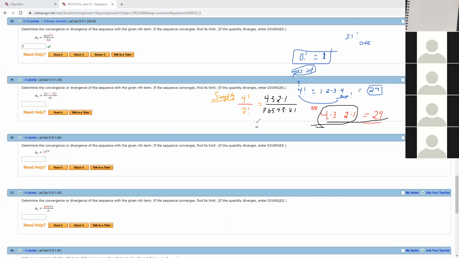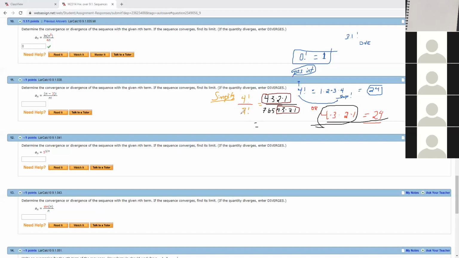And then of course, this part, 4 times 3 times 2 times 1 has to be there, because the bottom number was bigger. 7 is a larger number than 4. So when you start to look at the larger factorial, eventually you're going to get down to whatever this smaller one was.